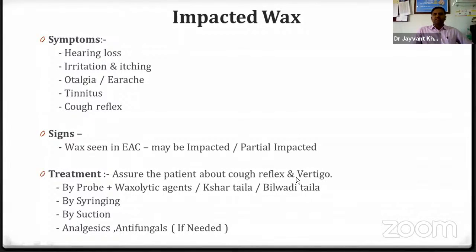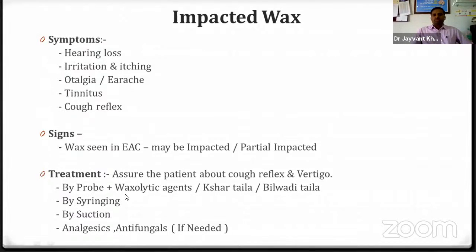Then what are the methods? There are three methods used for the removal of wax. What are these three methods? One, by probe, second by syringing, and third by suction. Okay.